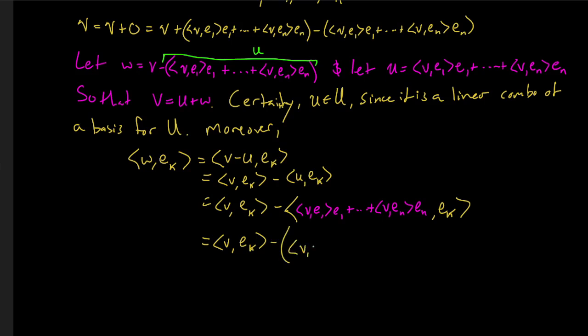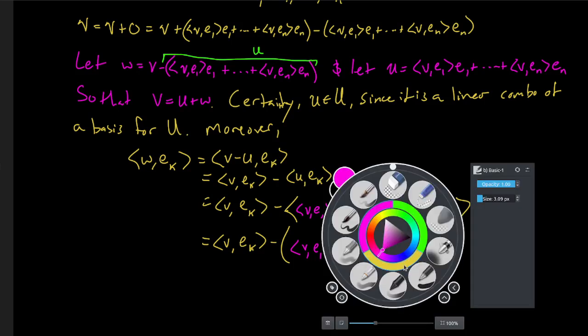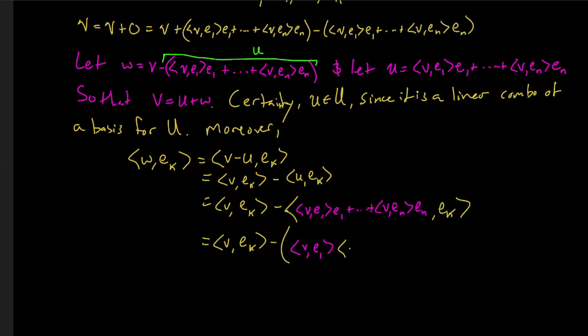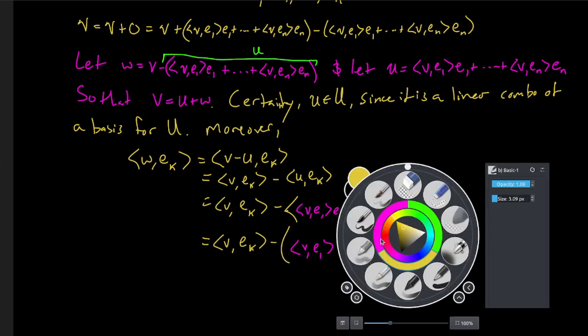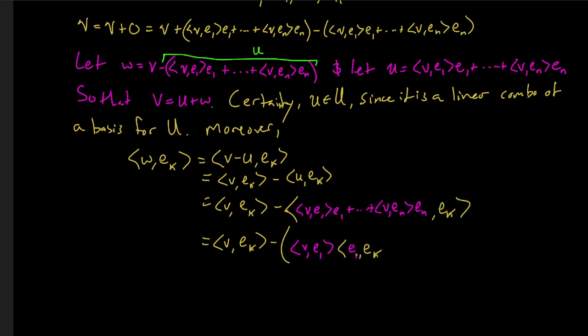So I've got my V, E1, inner product. Actually, even let me color code this to make the manipulation clear. So V, E1, inner product. Then I have an inner product of E1 with EK. And so I'll put this E1 back in the same color.